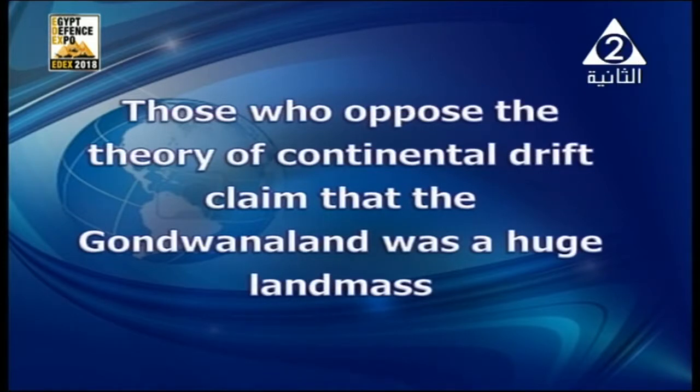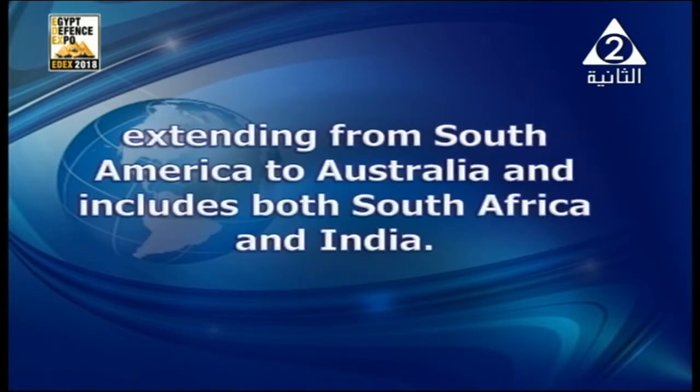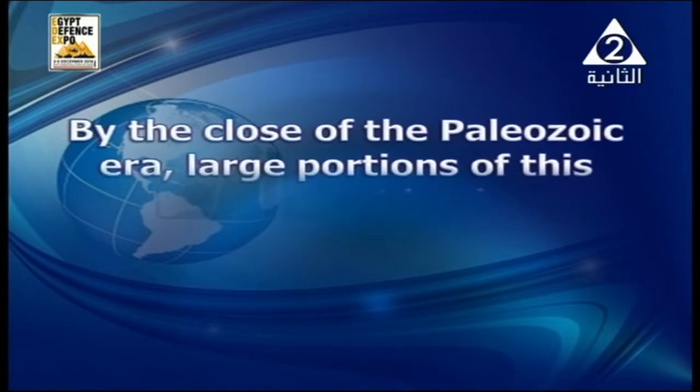Those who oppose this theory of continental drift claim that the Gondwanaland was a huge land mass extending from South America to Australia and includes both South Africa and India.